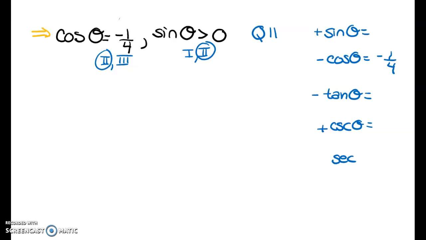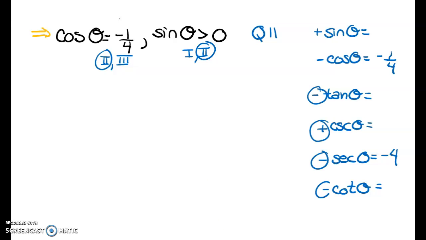Secant, I already know secant, it's the reciprocal of cosine, so that's going to be negative 4. And then cotangent in Q2 is also going to be negative. So these signs out here are just my reminders, okay? All right, so I'm going to circle them so it doesn't look like we're actually multiplying by a negative.